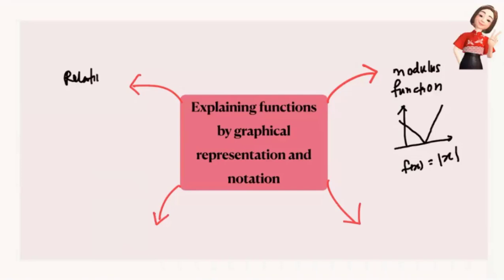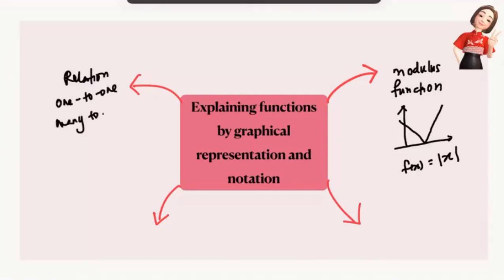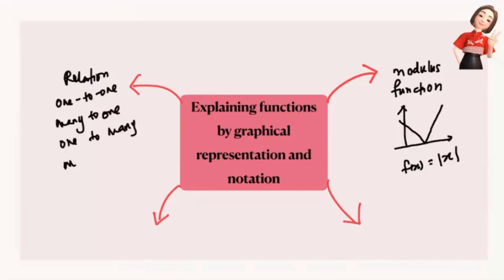Okay, so that is 1 to 1. Many to 1. Then 1 to many and many to many. From these 4 relations, which one is a function? Martin, can you give me your answer?